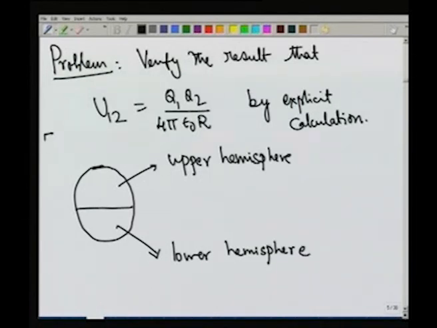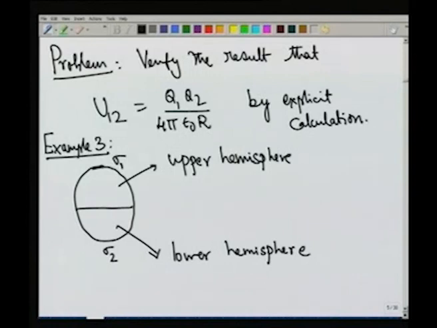So, here is the last example which I am working, maybe example 3 if I remember right. What we shall do is to paste a uniform surface charge density sigma 1 on the upper hemisphere and a uniform surface charge density sigma 2 on the lower hemisphere.